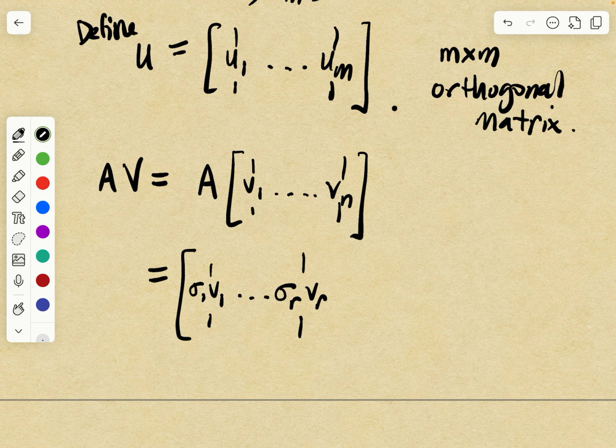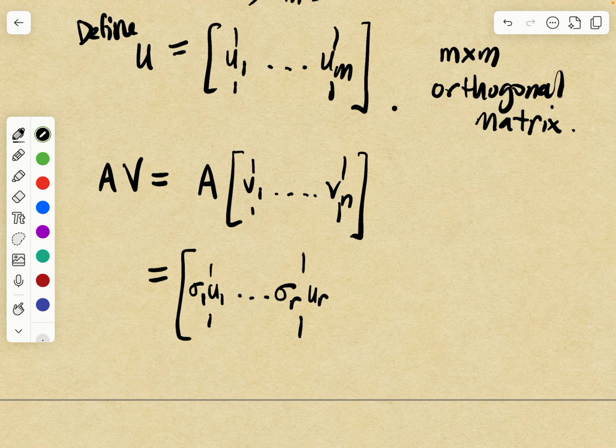Sorry, this is supposed to say U1 through UR. There we go. Sigma 1 U1 to sigma R UR.